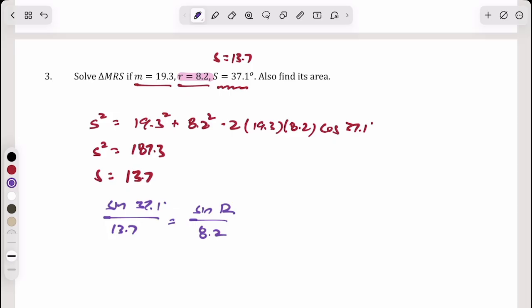And therefore, the sine of R is 8.2 sine of 37.1 all over 13.7. Let's do that now. So R is the inverse sine of 8.2 sine 37.1 over 13.7, which is 21.2. Wonderful.